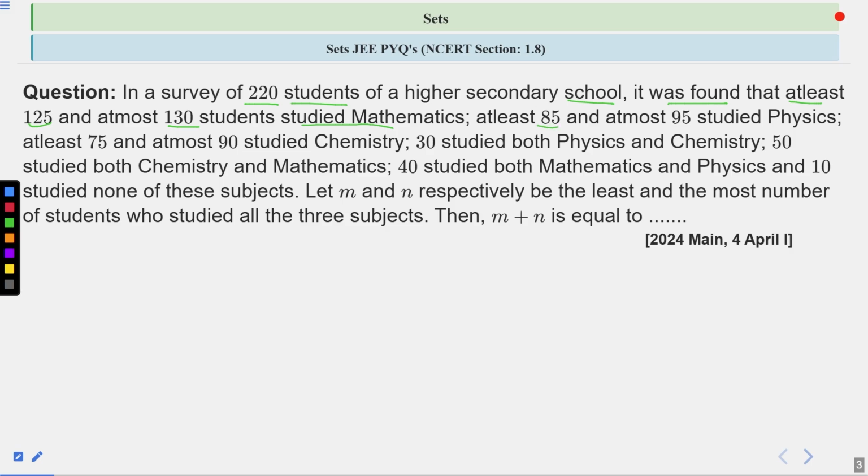At least 85 studied physics and at most 95 studied physics. At least 75 students studied chemistry and at most 90 studied chemistry.